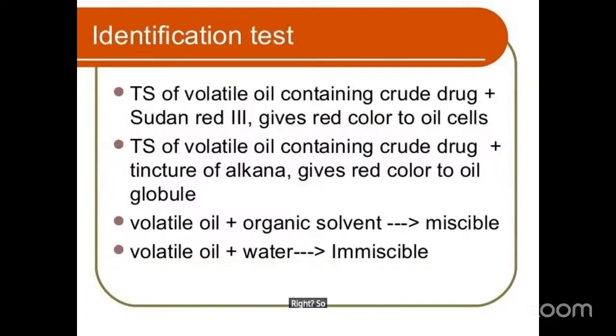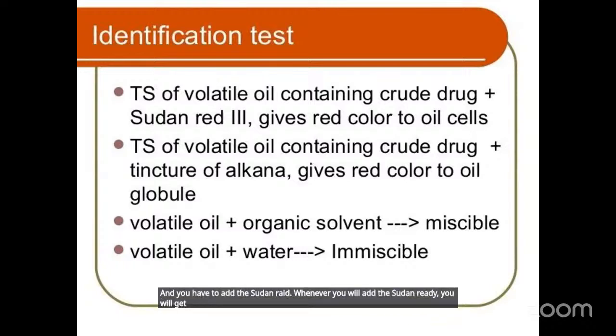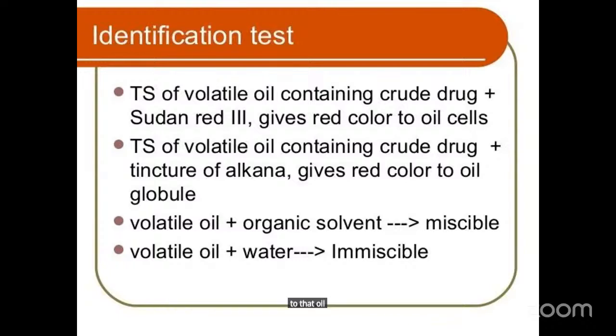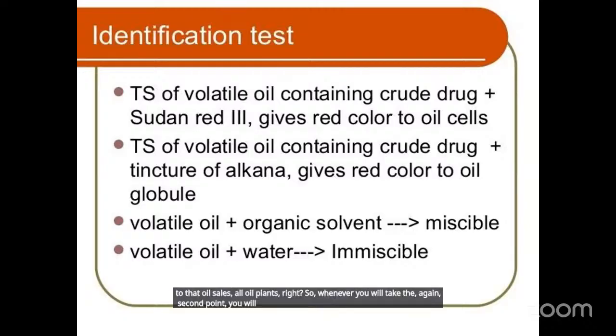So identification test here, only general identification test is there. You have to take the TS of the volatile oil. It contains some crude drugs, and you have to add the Sudan red. Whenever you will add the Sudan red, you will get that red color to that oil cells, all oil glands, right? Then second point, you will take the transverse section of the volatile oil containing crude drugs.